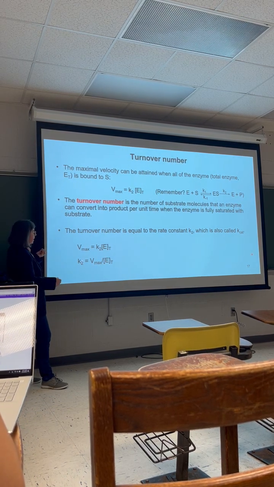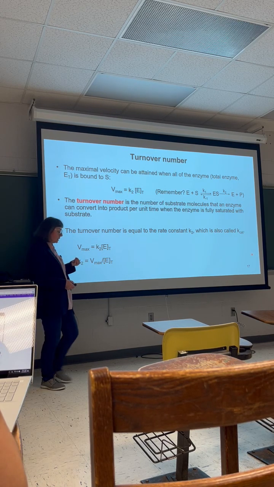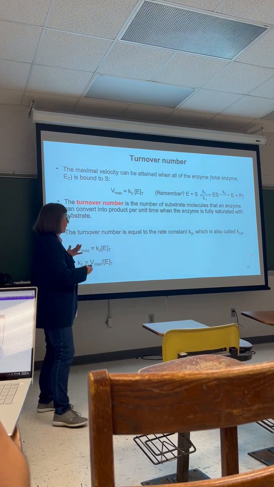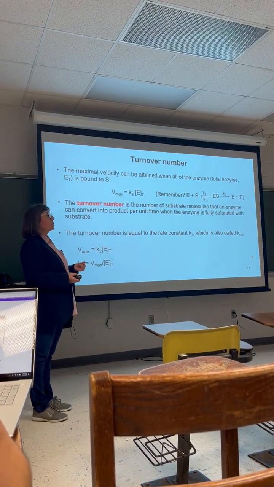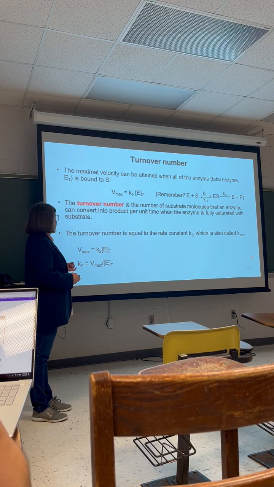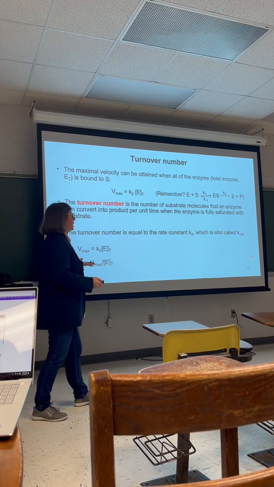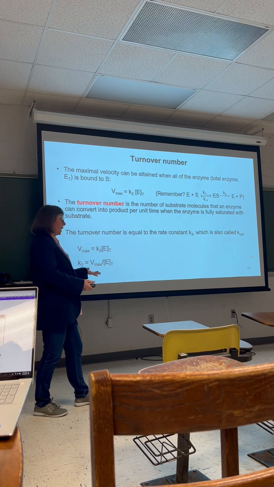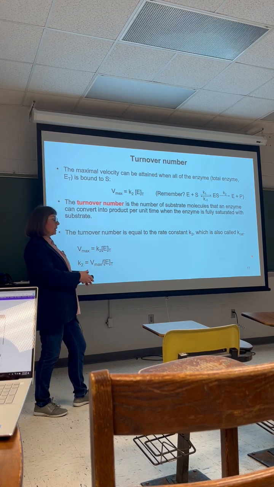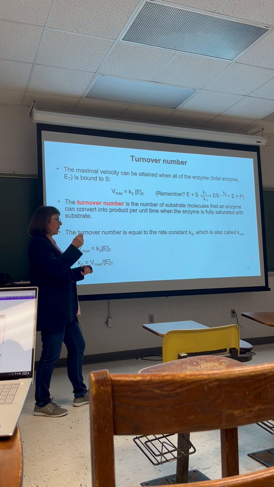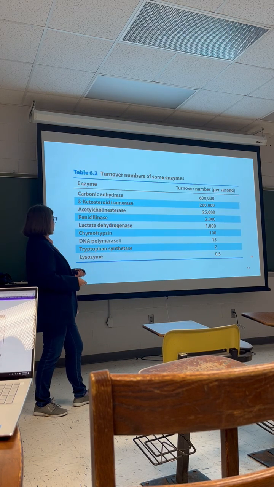Again, from this equation, K2 equals Vmax divided by total enzyme concentration. What does it mean? I know that I'm using a lot of words, but to give you an example, if the turnover number is 10,000, it means that per second an enzyme can convert maximally 10,000 substrate molecules into products.